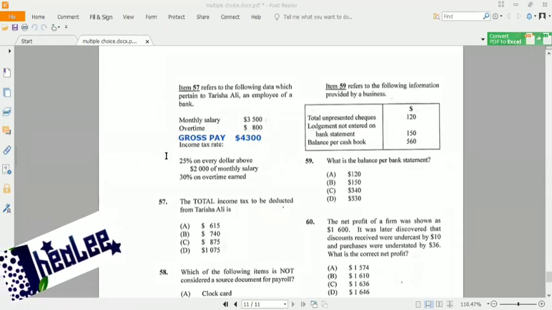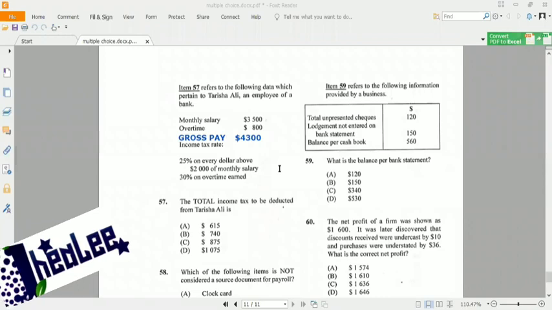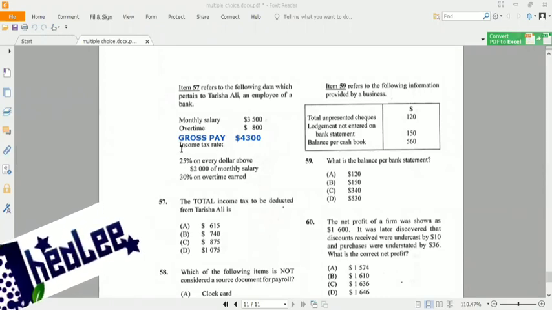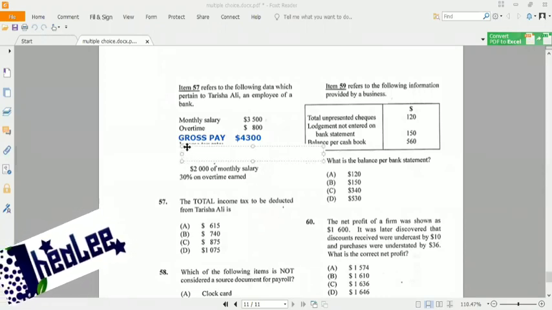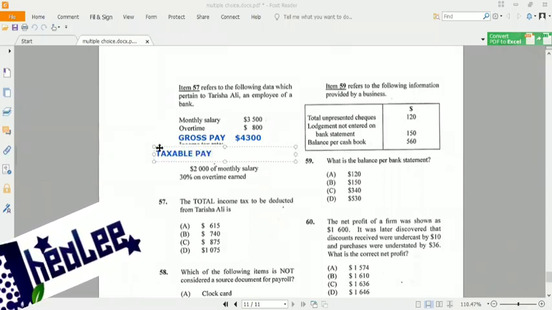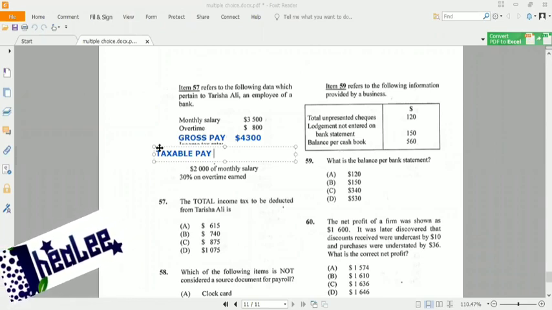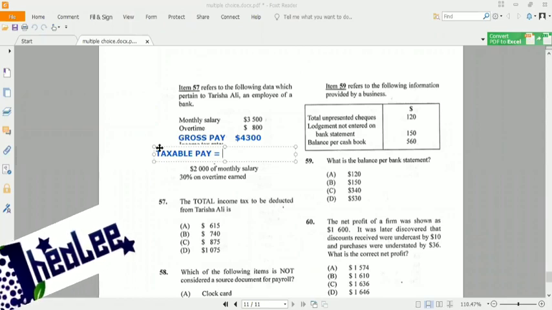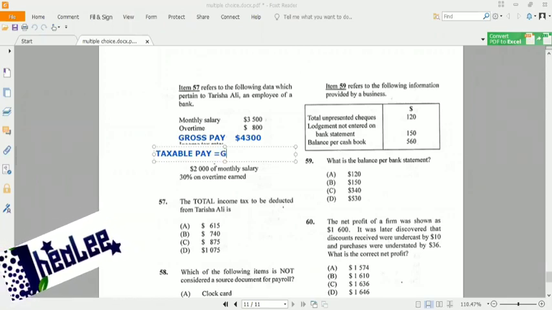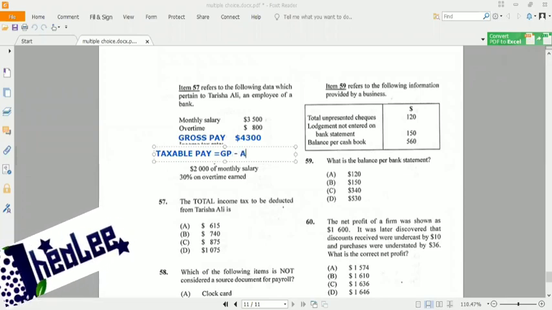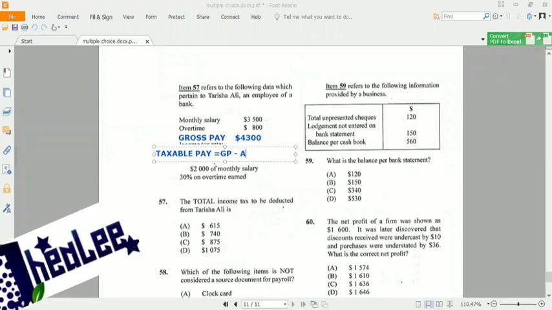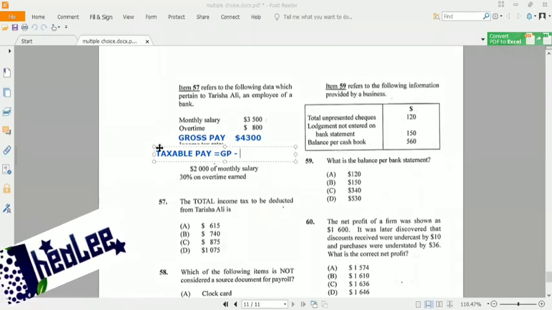No, anything above the 2,000 is what they would pay the income tax on. So that would give us our taxable pay. So taxable pay is equal to the gross pay minus the allowance, the income tax allowance, or the non-taxable pay.